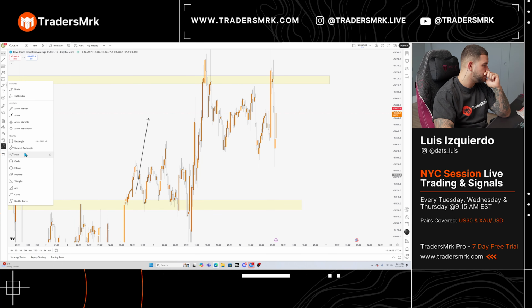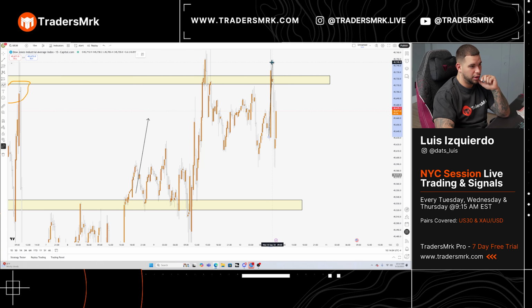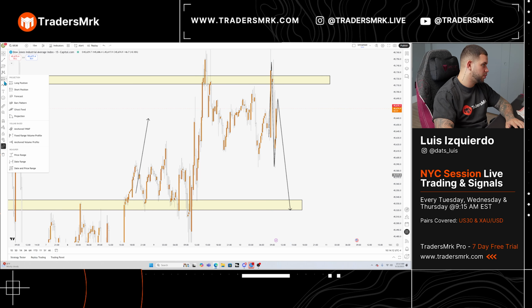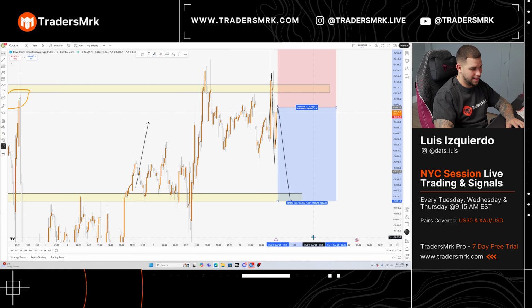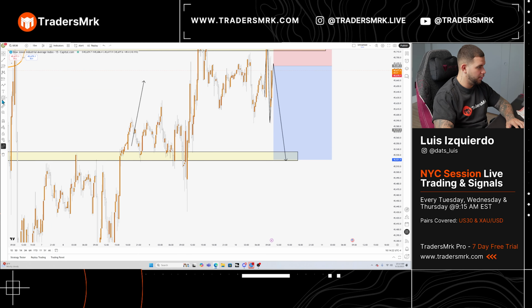Meaning, if we use a simple path tool, the market went up, the market went down, the market will probably have a retracement to then come down to this area. If the market has a retracement at that area and we take a short position, this will be a 160-point move.